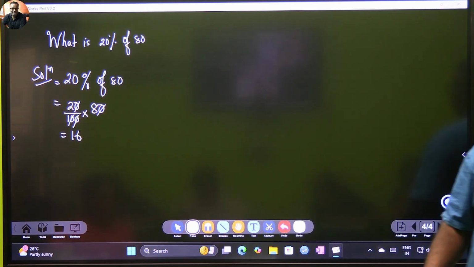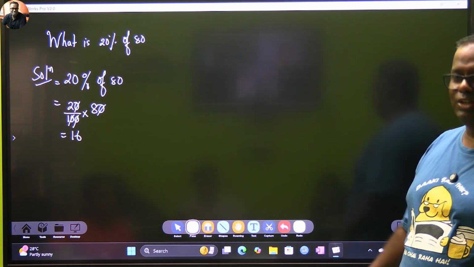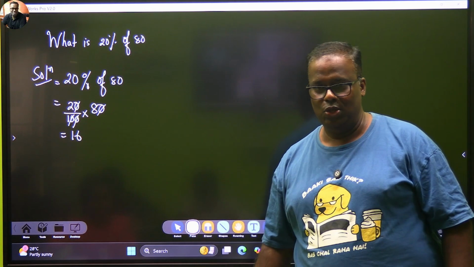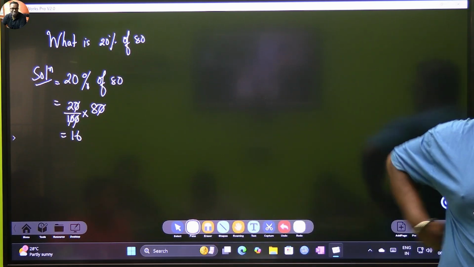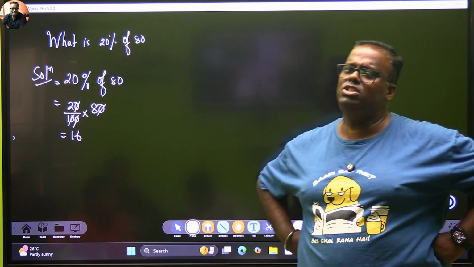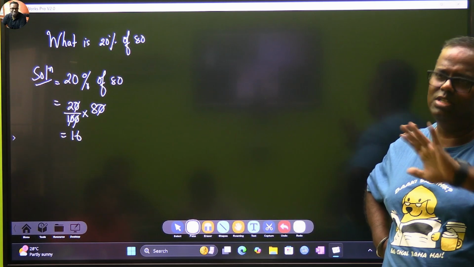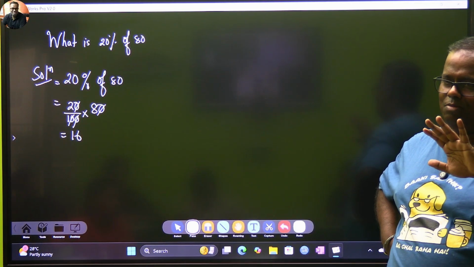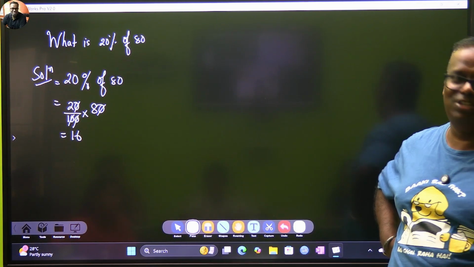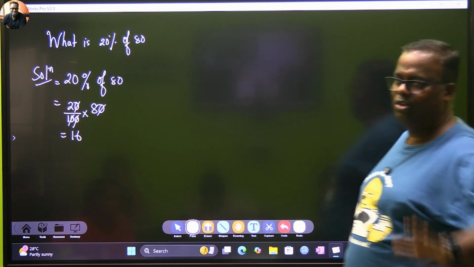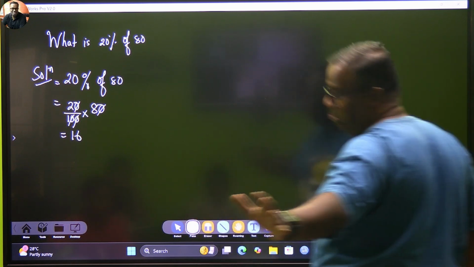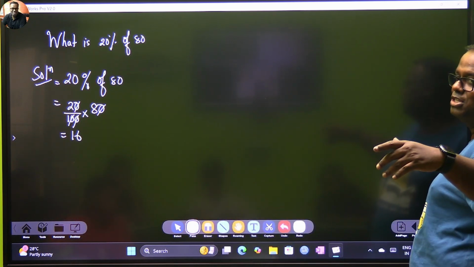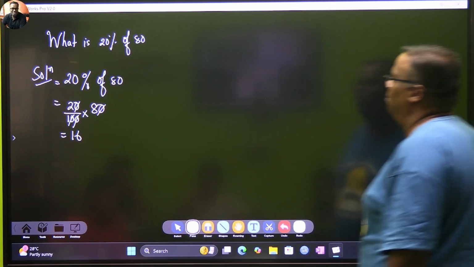Okay. Now the easy technique of doing these problems. What if somebody would have asked you very quickly, what is 30% of 80? Somebody might calculate now also, but you should understand how to do this trick. Look, now pay attention. This will not be there in your books, but when you go for exams, this will be helpful.